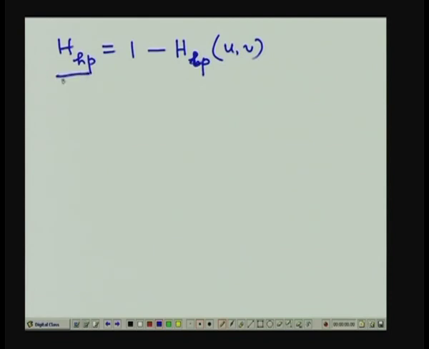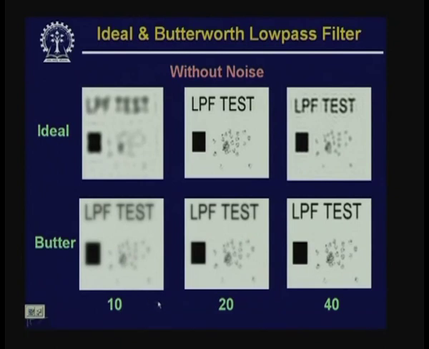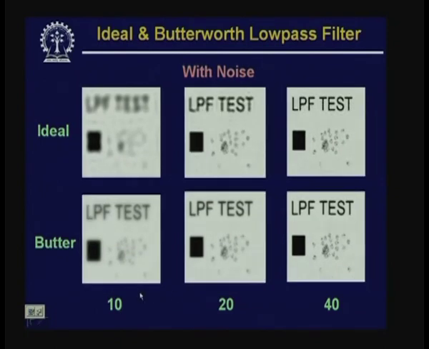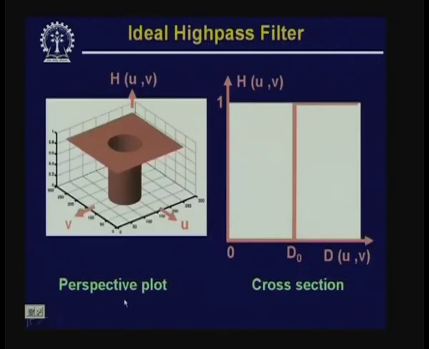So, the high pass filter response can be obtained from the low pass filter response, where the cutoff frequencies are the same. Now, using such high pass filters, the kind of result that we can obtain is given here. This is the ideal high pass filter response, where the left hand side gives you the perspective plot and the right hand side gives you the cross section.